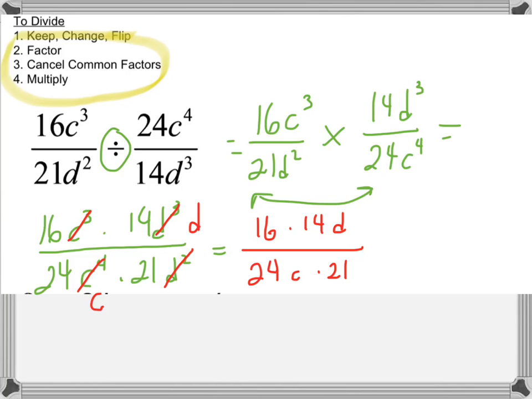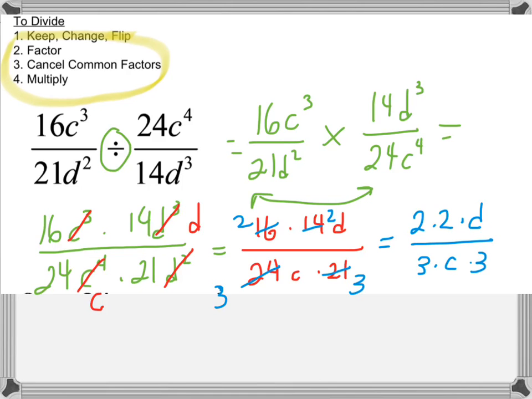Okay, so 16 divided by 8 is 2. 24 divided by 8 is 3. Okay. 14 and 21 share a factor of 7. So 14 divided by 7 is 2. 21 divided by 7 is 3. What do I have left here? I have 2 times d over 3 times c times 3.